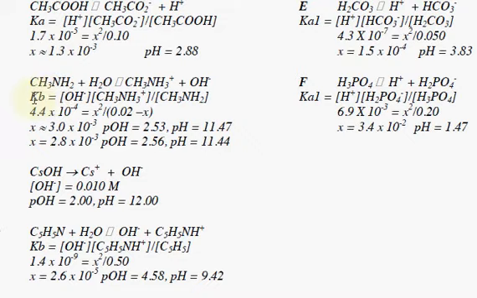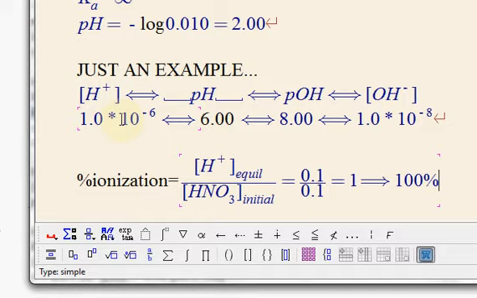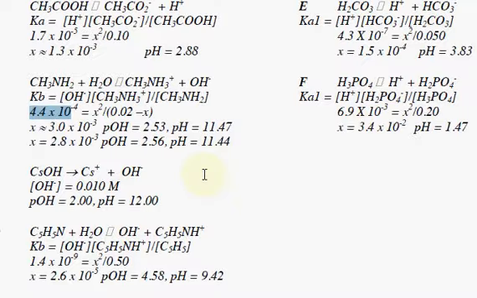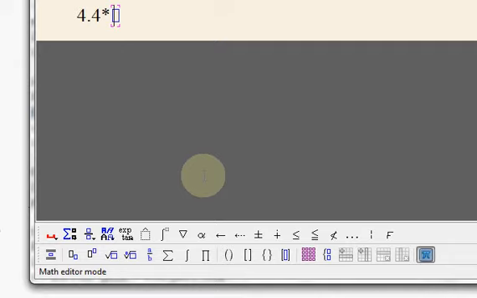The KB will be in a table. The X is small approximation does not work here because X is not that small. You can do the ratio of KB to the initial concentration. Let me erase all this. So KB is 4.4 times 10 to the power of negative 4.